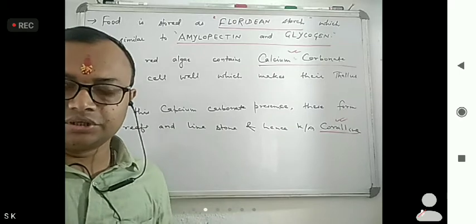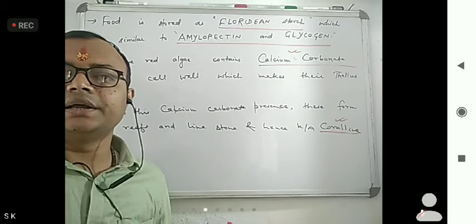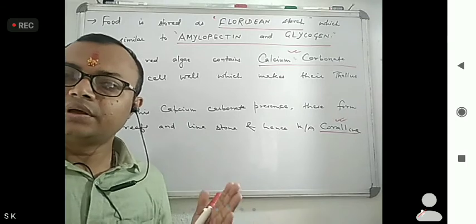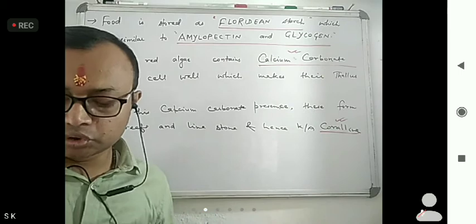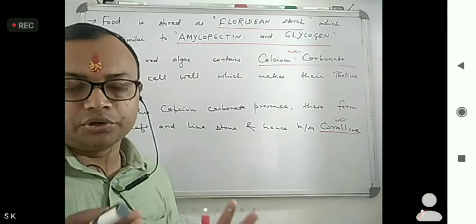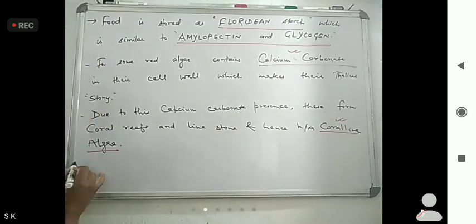Okay. Now, if we are seeing their reproductive structure and methods, so already we've seen that algae contain what? Vegetative, asexual and sexual. So red algae reproduces vegetatively by fragmentation.